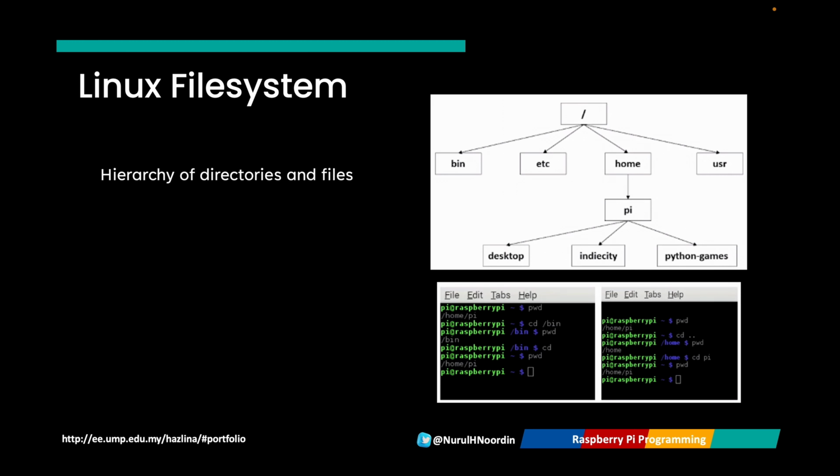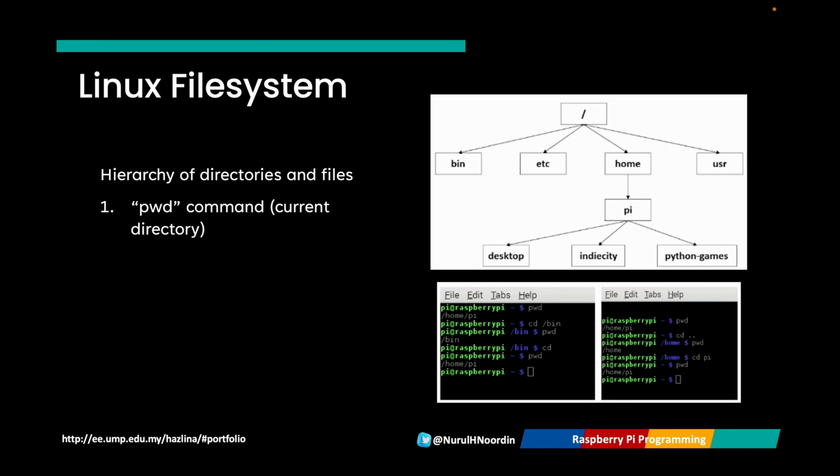The Linux system follows a structured hierarchical design. At the top of the hierarchy is the root directory, represented by a single /. From here, the system branches into multiple subdirectories, including important folders such as home, etc, and var, each serving a specific purpose.